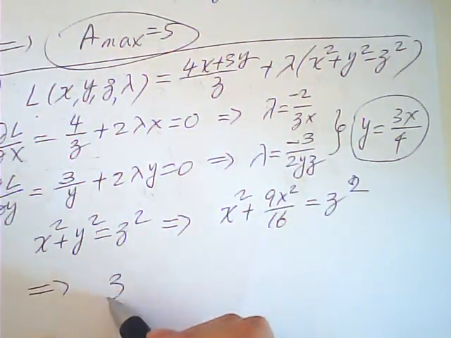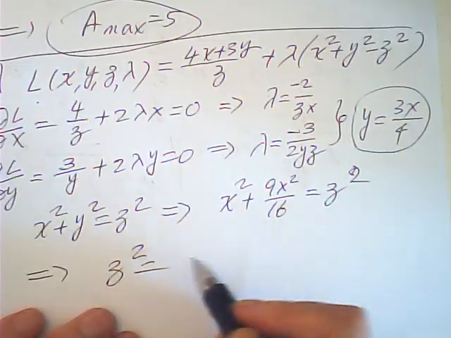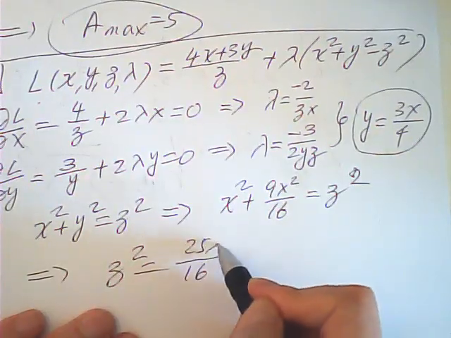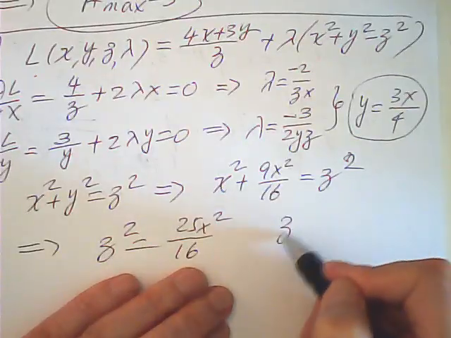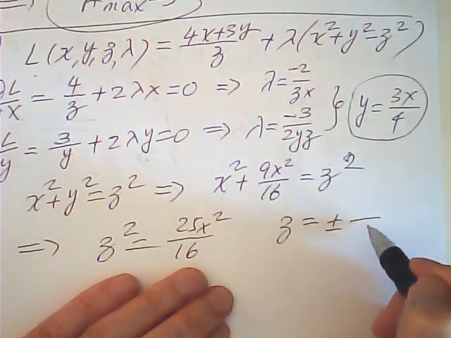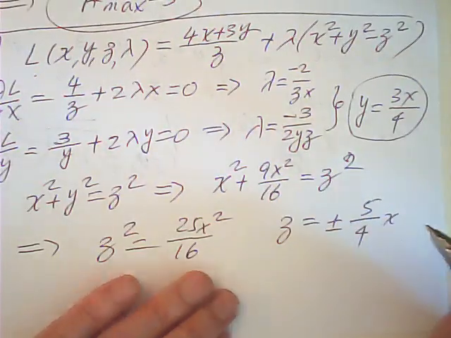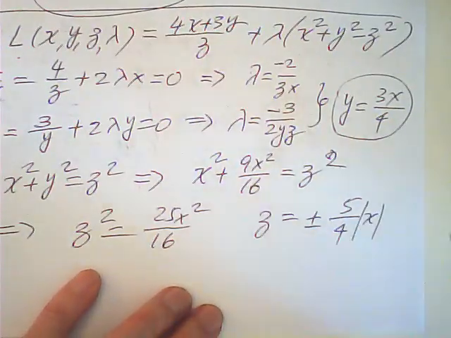Therefore, z squared is equal to this plus this, right? This equals 25x squared over 16. So z is equal to plus or minus 5x over 4, the absolute value of x.